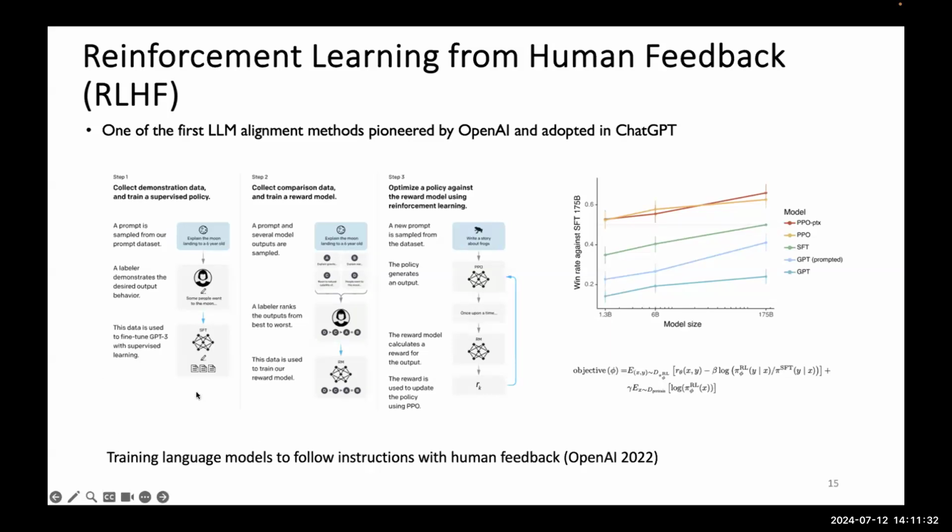So the recipe that they prescribed in this paper is, first, you collect whatever data you need, and then you take a pre-trained model and do supervised fine-tuning of that pre-trained model with your specific domain data of interest, right?